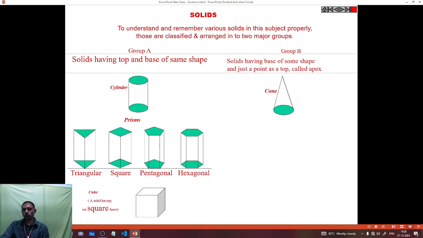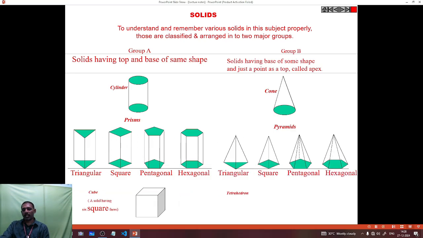Next, the cone and the pyramid come under the group B category: triangular pyramid, square pyramid, pentagonal pyramid and hexagonal pyramid. These come under group B.